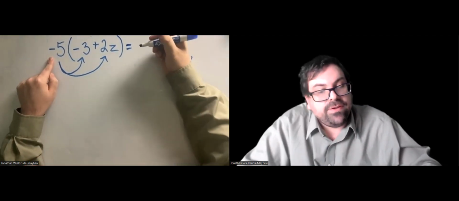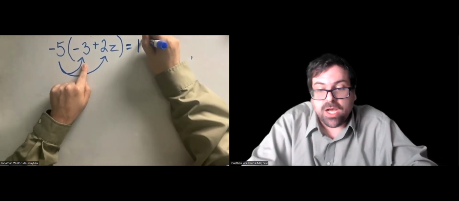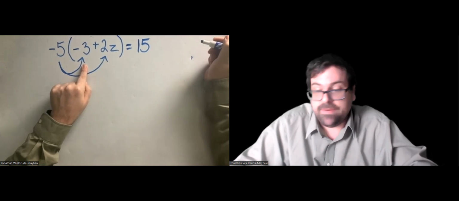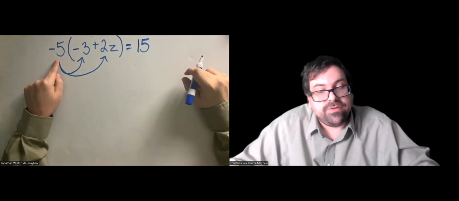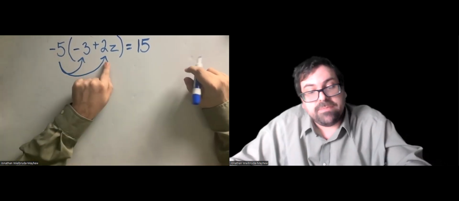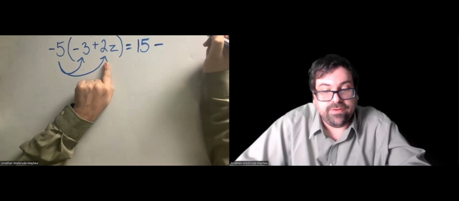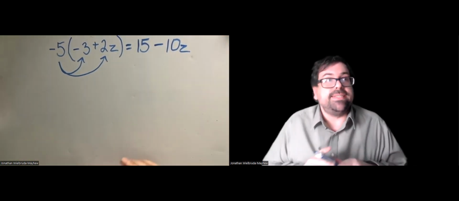Negative 5 times negative 3, negative times negative is positive 15. Negative 5 times positive 2z, negative times positive is negative 10z.